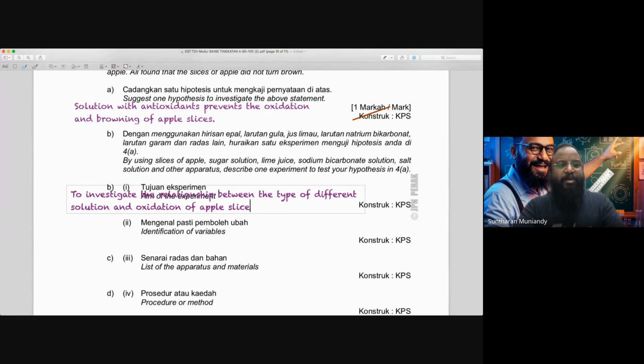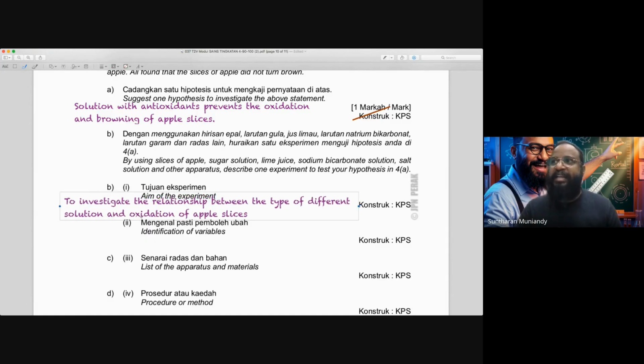So always remember, aim of the experiment, you got a standard way of writing it.